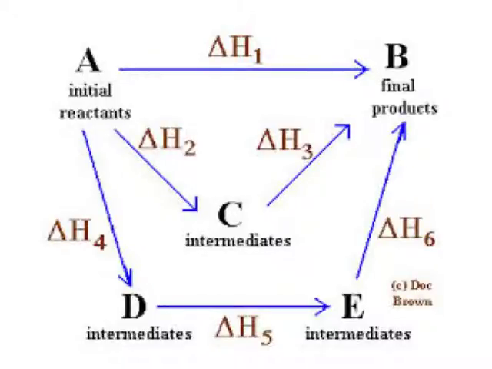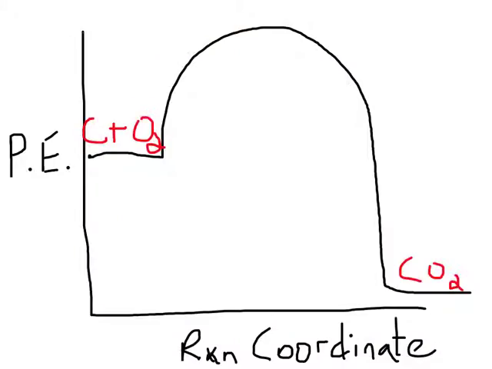Let me show you something like this to show you overall what it would look like. So here we have our potential energy graph. This is the representation of an exothermic process where I combust the carbon and create carbon dioxide. But what if I told you that it actually occurred in 2 steps?